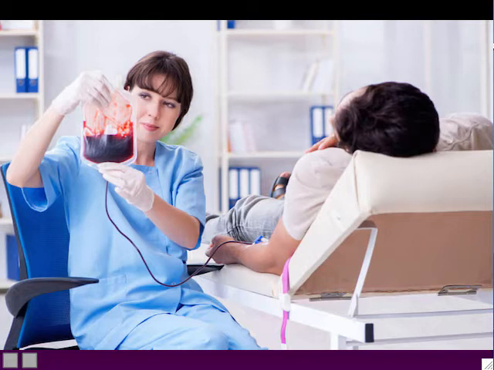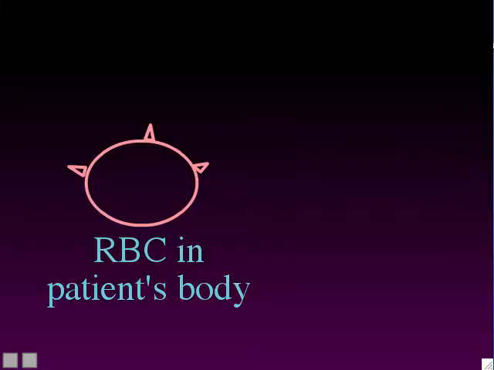Now, you might be wondering, well, why is it fatal to the patient if you give them this transfusion mismatch where the red blood cells have a foreign antigen to the patient? Well, let's imagine that this patient here is getting a transfusion mismatch by mistake, and let's imagine looking inside the patient's body. So let's say this is one of the red blood cells that occur naturally in the patient's body. So this is one of the patient's own red blood cells.